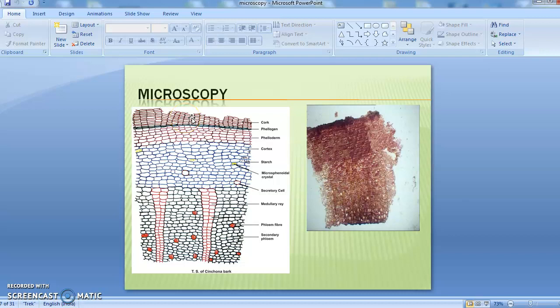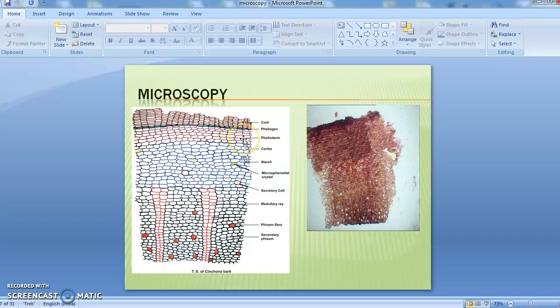It is a protective layer and it is made up of many sublayers. The walls are arranged in a rectangular or polygonal arrangement and have reddish brown cell contents. Below that cork cell, the phellogen is present. It is made up of 2 to 3 layers of thin walled, rectangular cells.